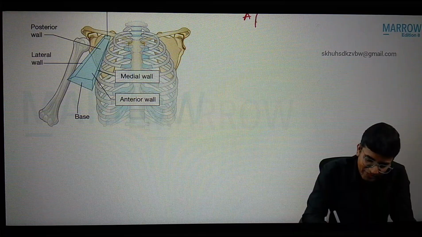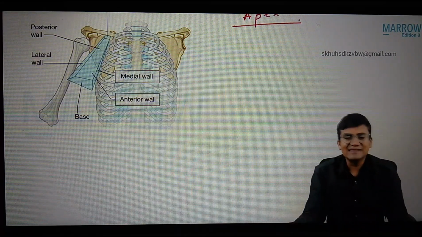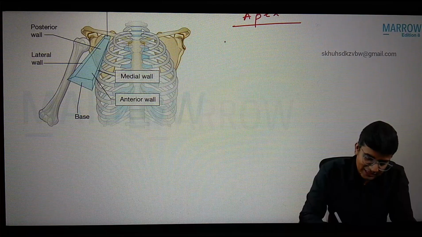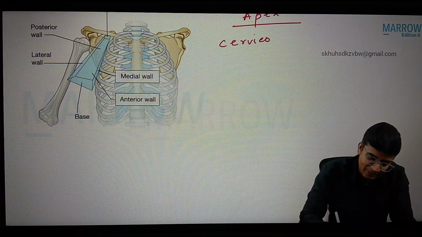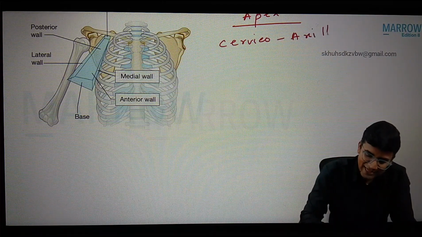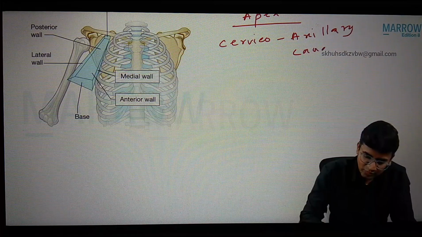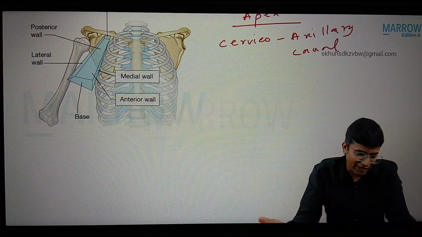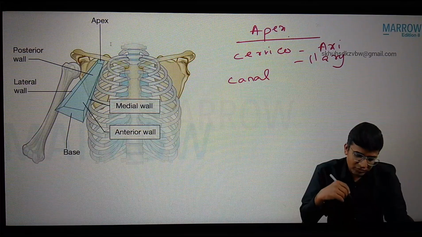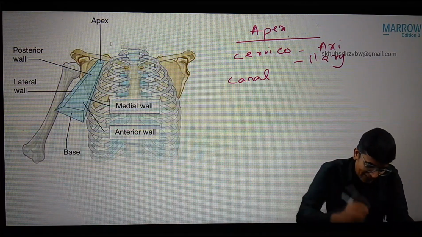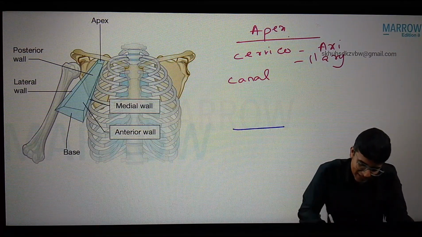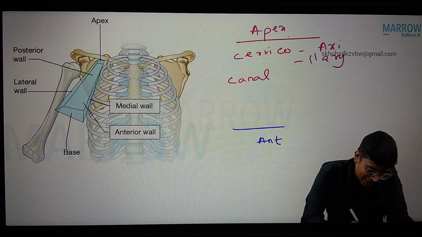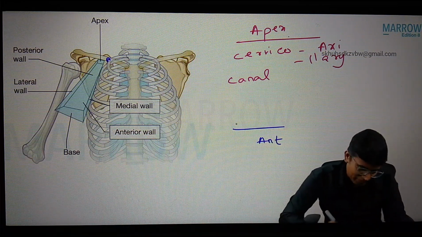Next, apex of the axilla. Apex of the axilla is nothing but the junction between the neck and the axilla, that is called cervico-axillary canal. Now we're going to zoom this region to see the cervico-axillary canal, or apex of the axilla. In the front side, we have which bone? Clavicle, anteriorly.